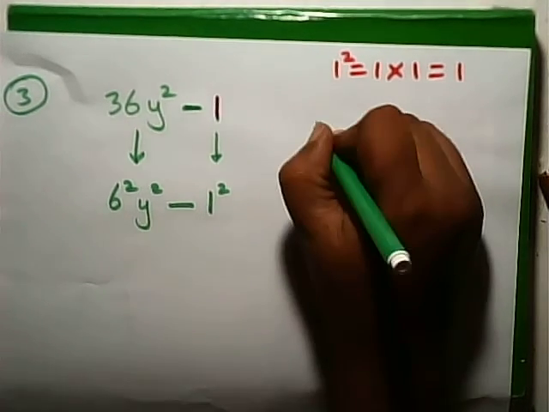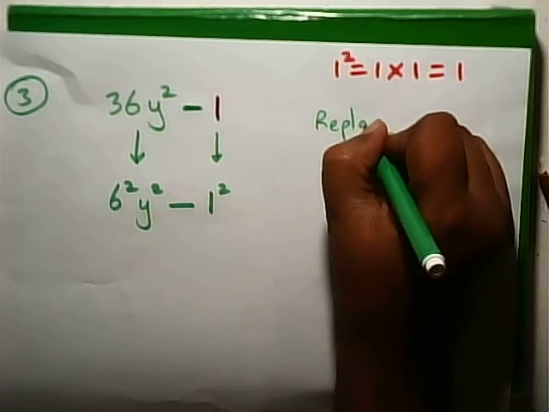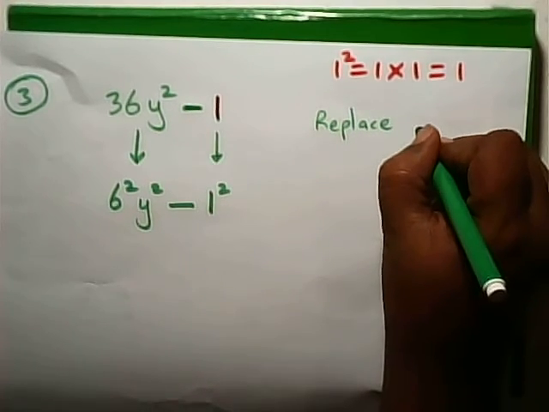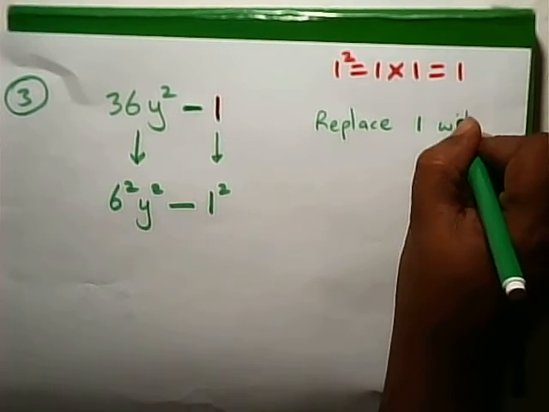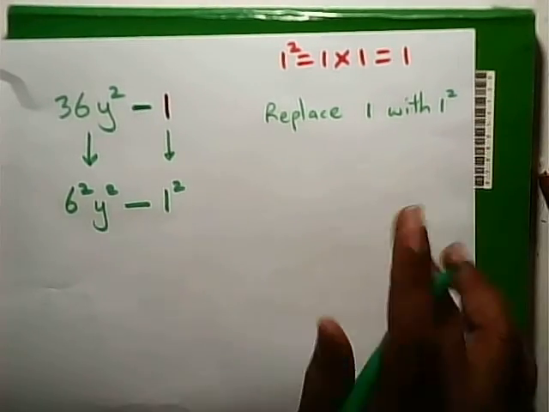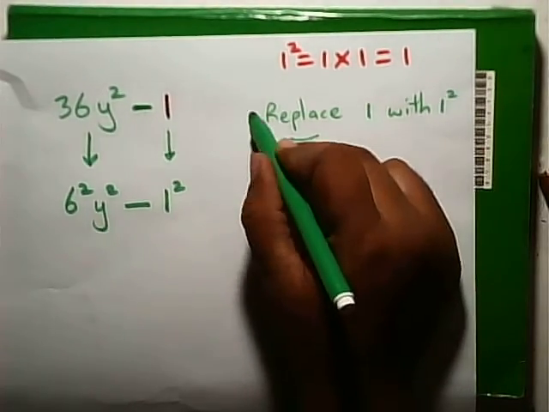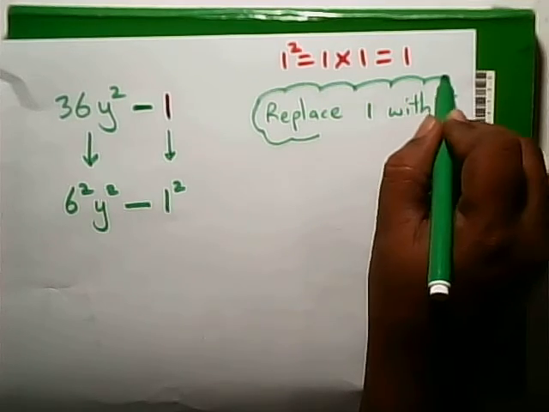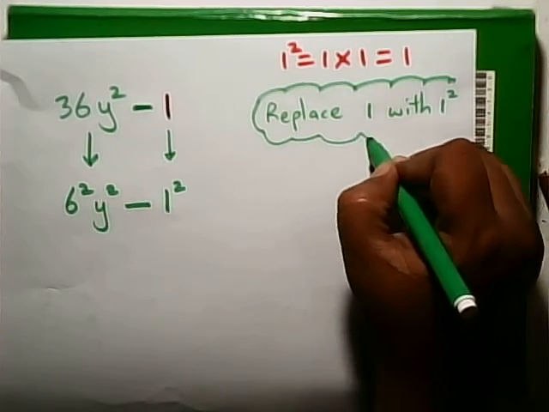The trick is replace 1 with 1 squared. That's the trick to getting out the sum. Make sure and copy that down so you don't forget it.